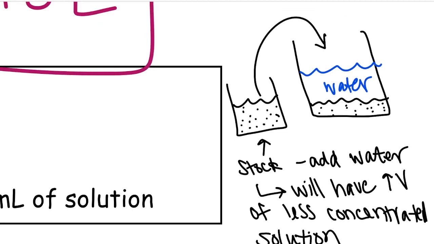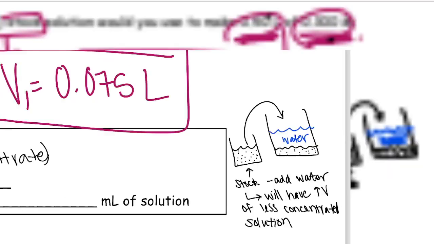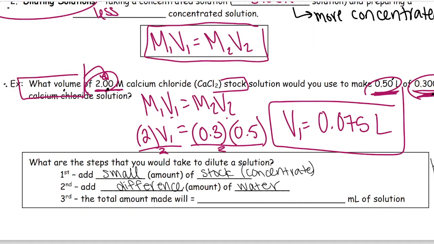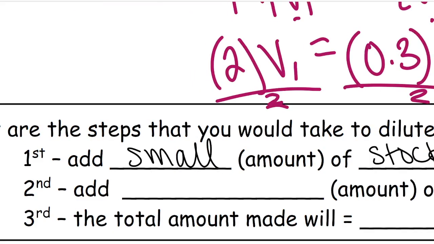Basically, I'm trying to put this into words. I like it with pictures because I think it makes sense. Of course, all the solute is going to end up mixing in with the water to make it less concentrated. So the steps that I would take to dilute a solution are add a small amount of my stock or my concentrate. Then I'm going to add the difference. So I'm going to actually clarify that and say the difference between volume 1 and volume 2.